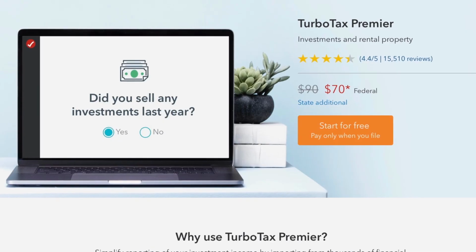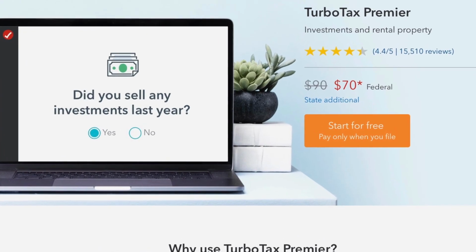When you get there, make sure you enter each individual form into the proper place, and it's going to walk you through it. If you use TurboTax, you do need to go to the Premier level for investments, which is a little bit more expensive. I do not have experience with that because, as I said, I use TaxCut. But remember, all these forms have to be entered.